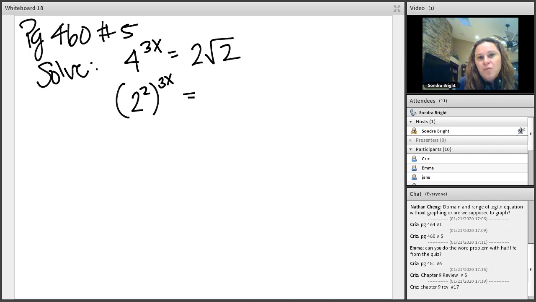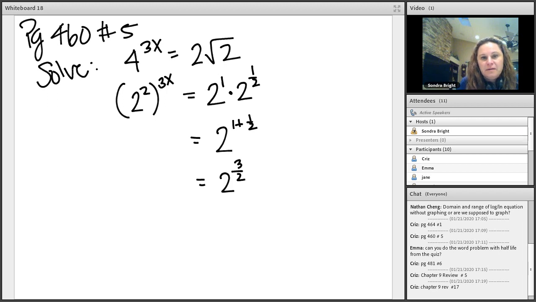And 2 rad 2, I'll break it down. It's 2 to the power of 1 times 2 to the power of 1/2. And if you remember to keep the base, add the exponents, it means that this side is 2 to the 1 plus 1/2, which makes it 2 to the 3/2. And then this side is 2 to the power you're going to multiply, so 6x.